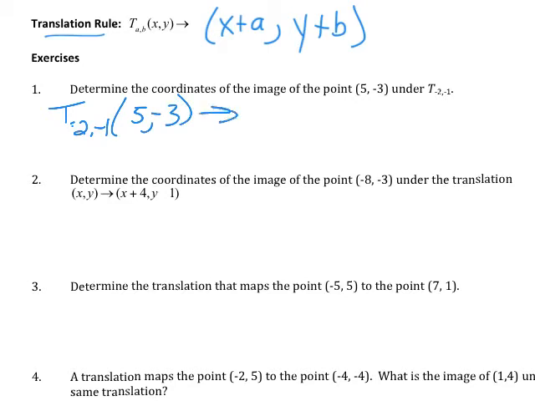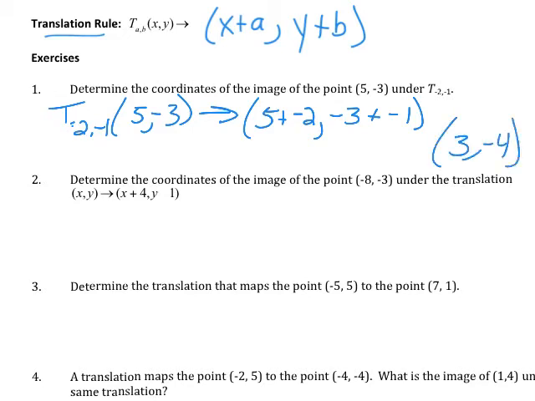That's going to end up being the same as 5 plus -2 and -3 plus -1. So your final answer ends up being 3, -4. That's what you get when you apply this rule to this point. I'm shifting this point to the left 2 and down 1, and that's where you end up.